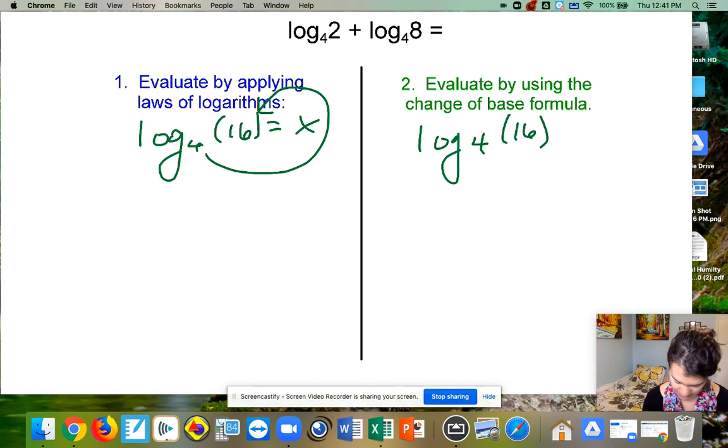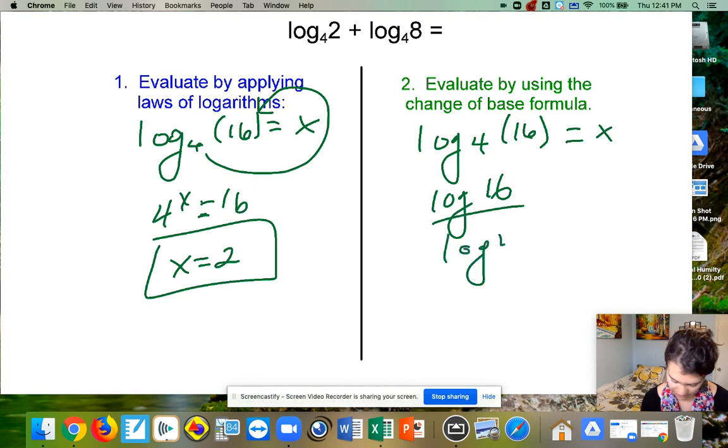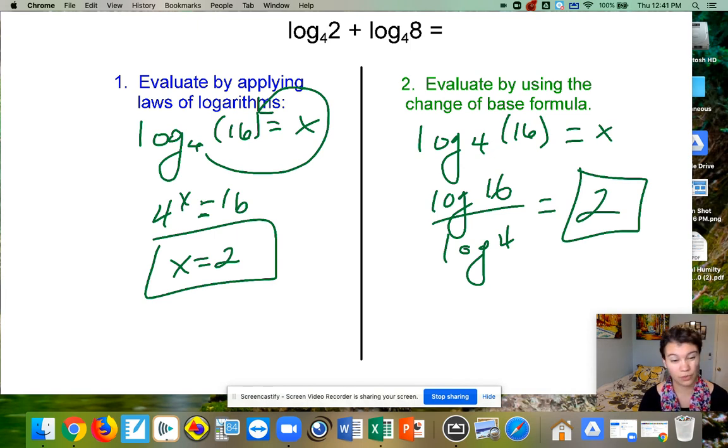I'll rewrite this. You have 4 to the x equals 16, and you can get x equals 2. I could also just rewrite this as log of 16 over the log of 4. Type that in, and your answer will still be 2. So either way works. It's up to you which way you want to do.